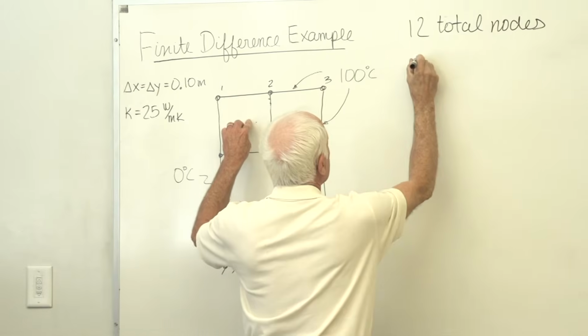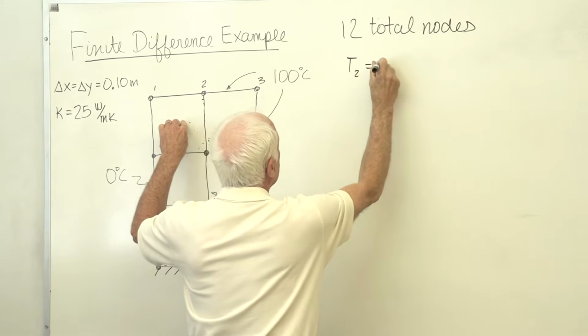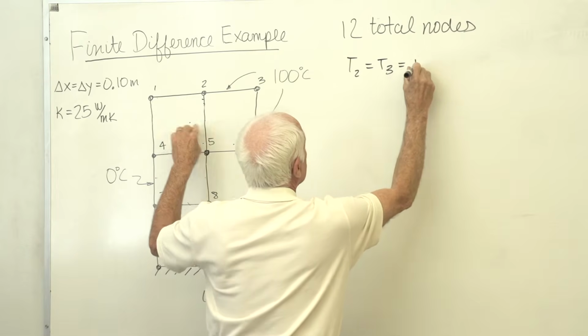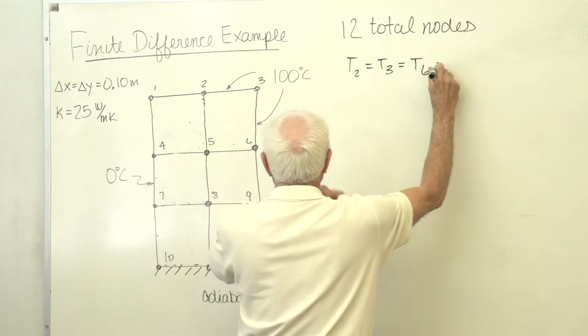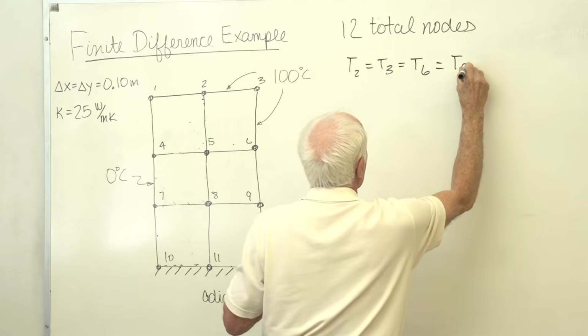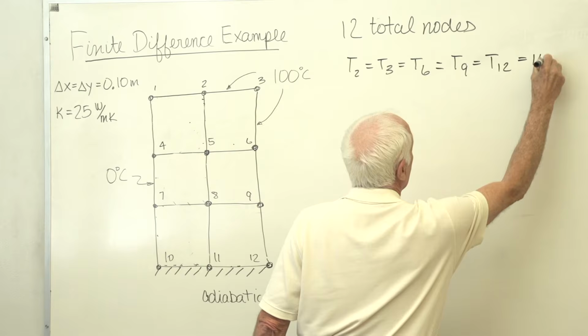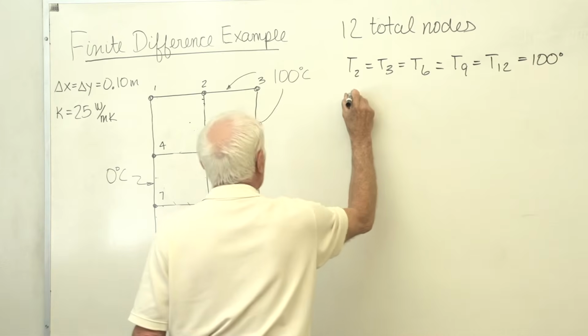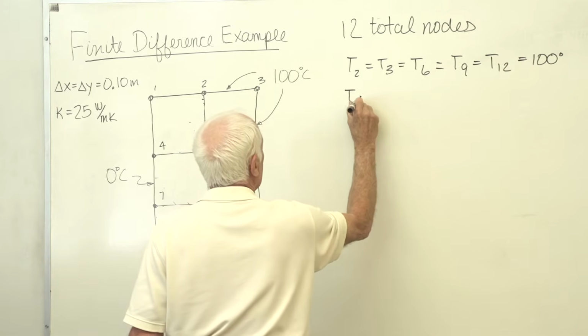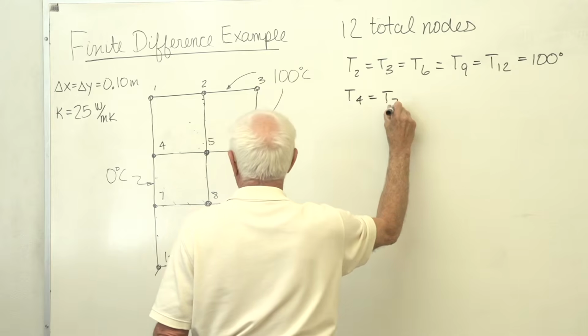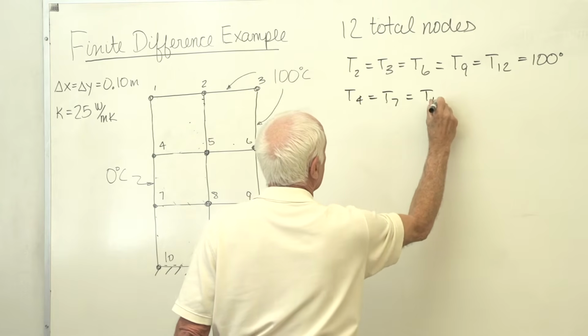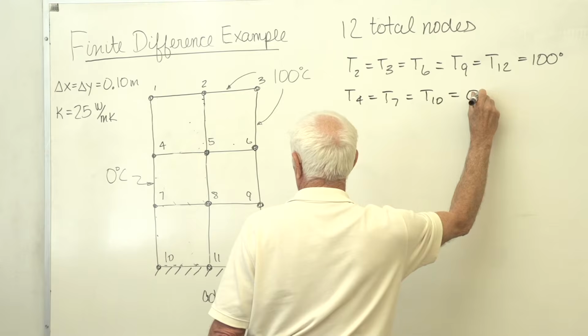I know T2, T3, T6, T9, T12 equal 100 degrees. I know T4, T7, T10, 0 degrees.